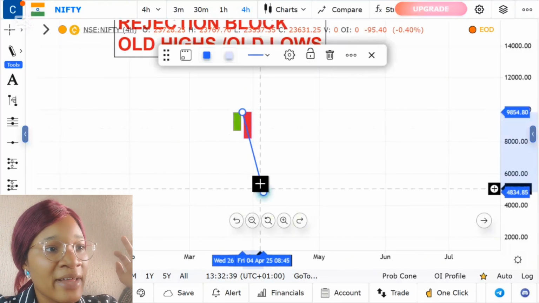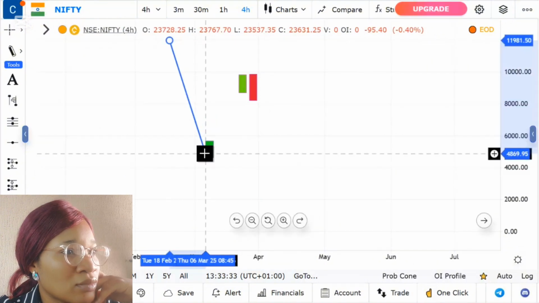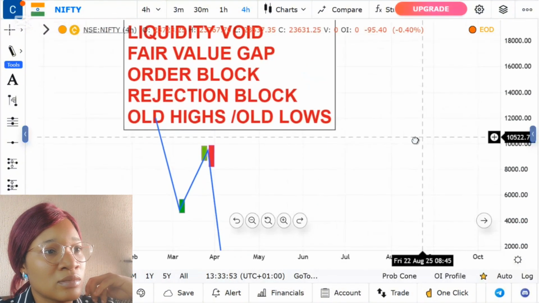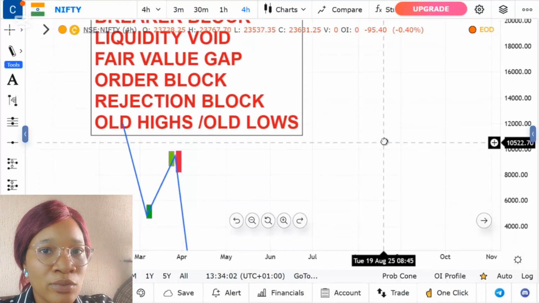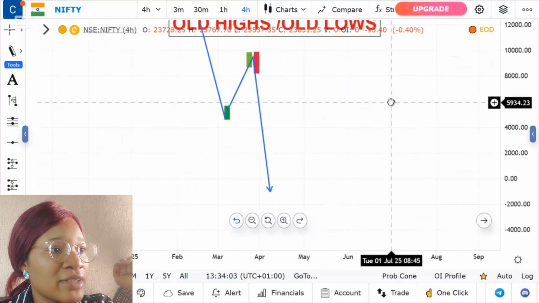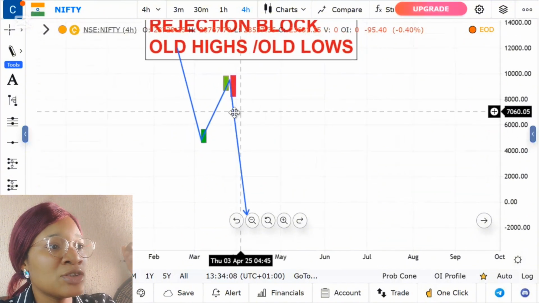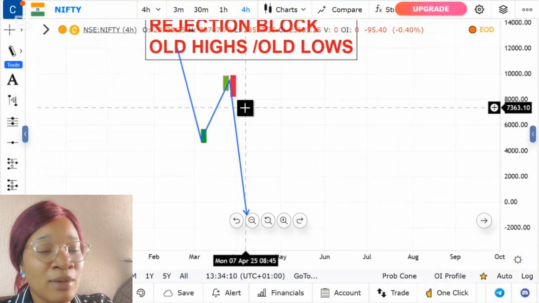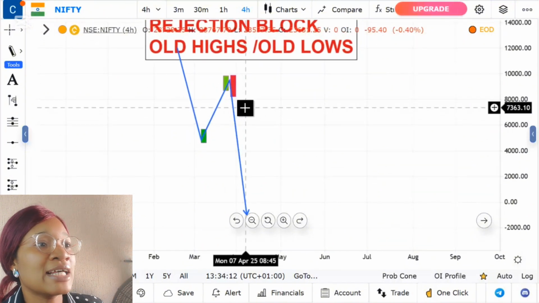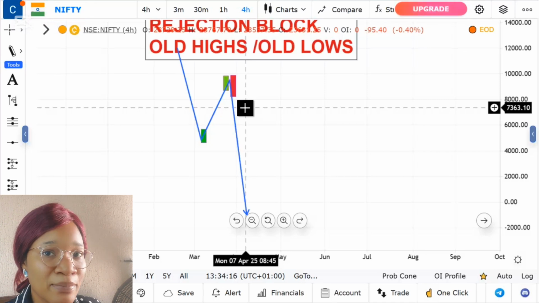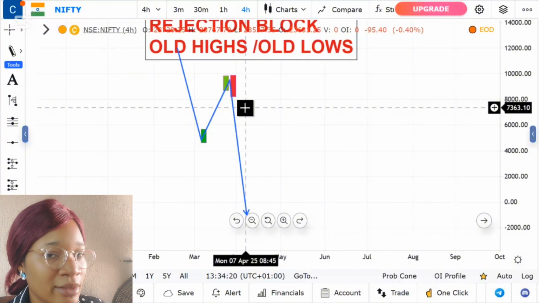Okay, and then for a mitigation block, let's say we have this price movement, price is in a sell. When you're looking for another block, let's say we're looking for a bearish order block. It's just the last buy candle before the sell candle that influenced that impulsive break, right?